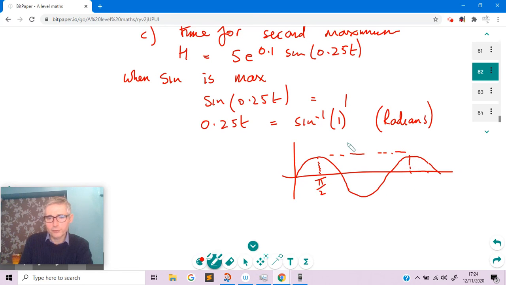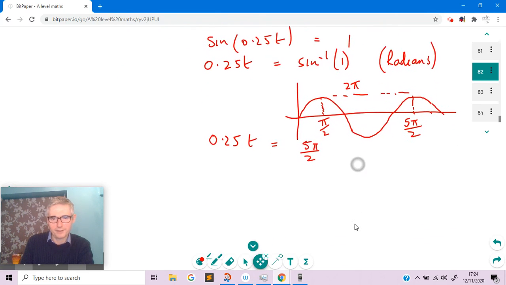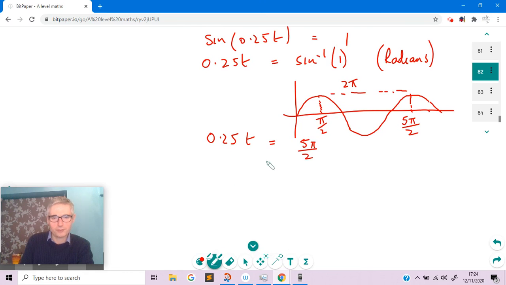And because the graph repeats over 2 pi, then if I add 2 pi onto that, actually that would end up being 5 pi over 2, that point. And that's the point that we're interested in. So we're interested in 0.25t is equal to 5 pi over 2. And so we're just going to divide by 0.25 there.